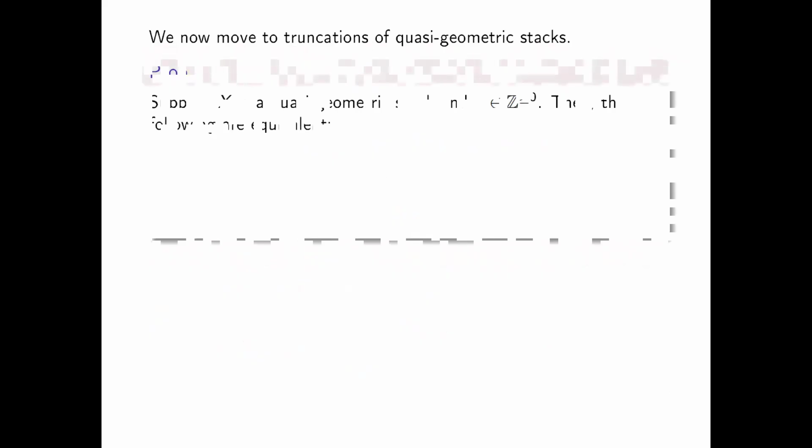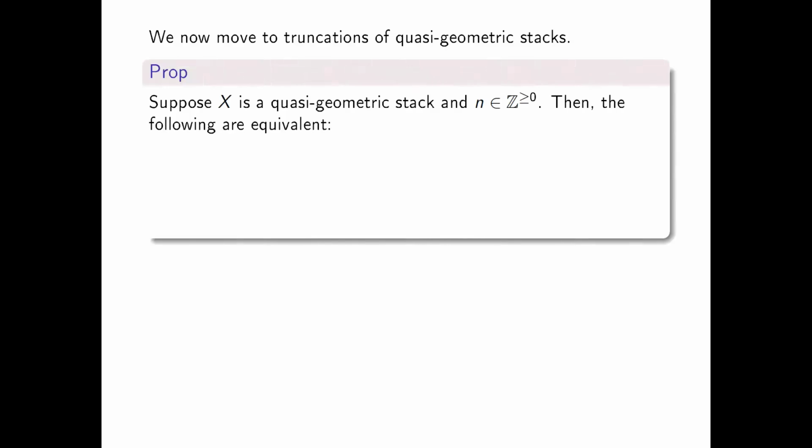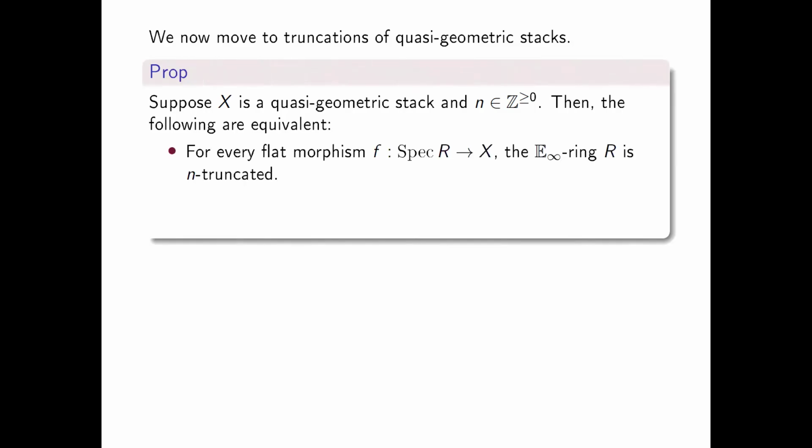We'll now see truncations, and why you need to understand truncations of quasi-geometric stacks. So you start off with a positive integer n and a quasi-geometric stack X, then the following are equivalent.